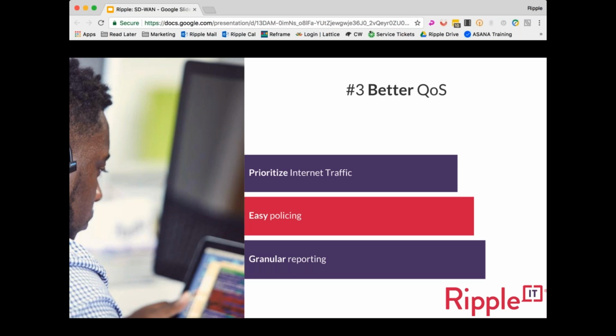So prioritizing, you mentioned in the slide, prioritizing the internet traffic. Again, we talked about being able to send standard internet traffic, Google, Pandora, things that you don't want taking up very precious resources, out a certain way, and everything that you want to protect, you're able to send out in another way.